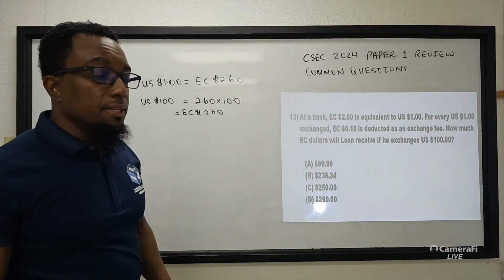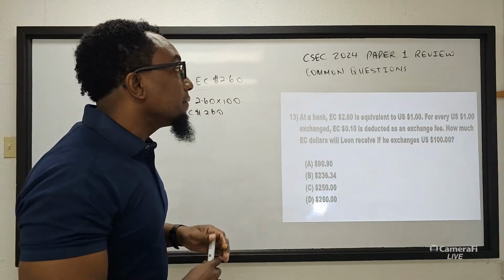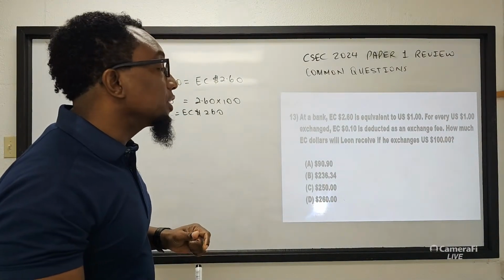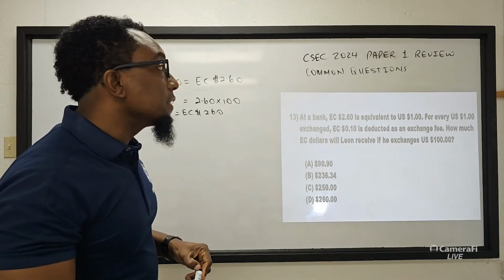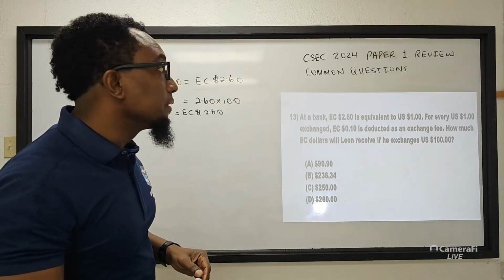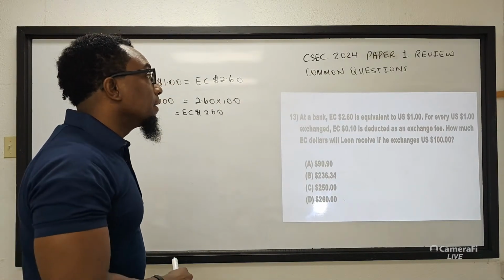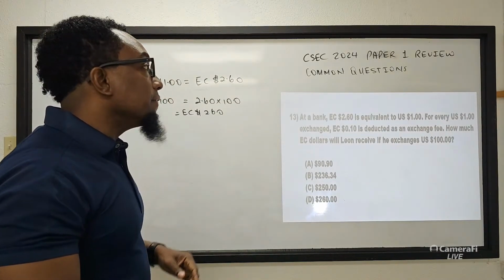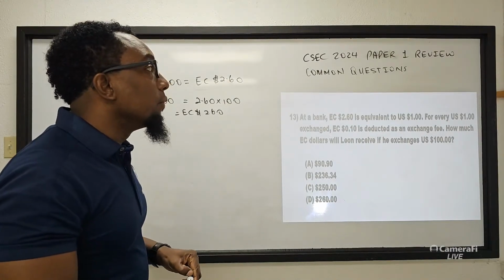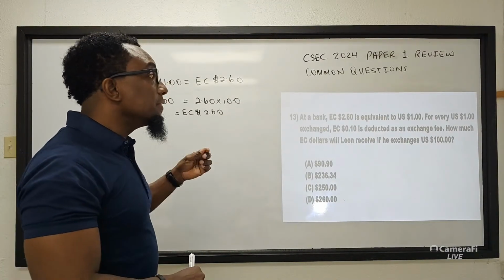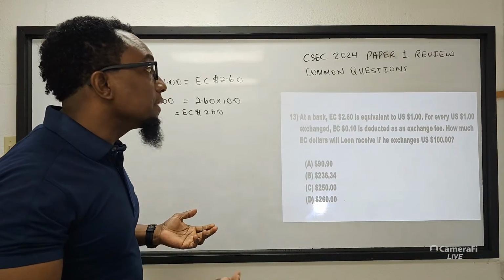Right? $260 EC. But it was also stated that for every 1 US exchanged, EC 10 cents is deducted as an exchange fee. So therefore, if Leon exchanges 100 US, and for every 1 US exchanged EC 10 cents is deducted, then how much EC was deducted?